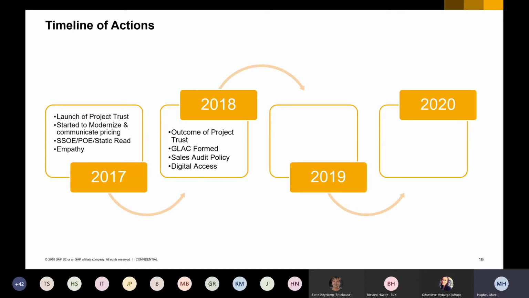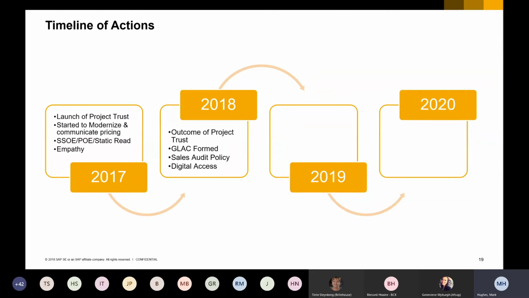The second major outcome was a change in the policies internal to SAP and a clear separation between our sales and our audit functions. So the GLAC organization was moved under the office of the COO, completely separated out from the global customer operations, which include sales.